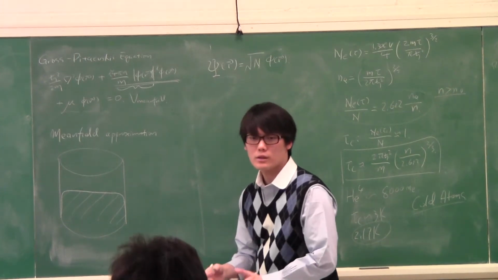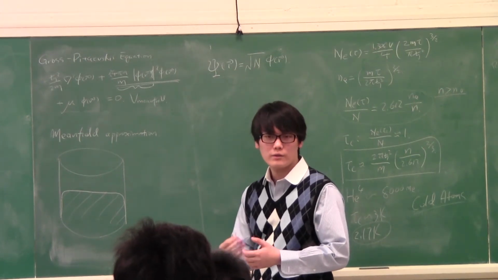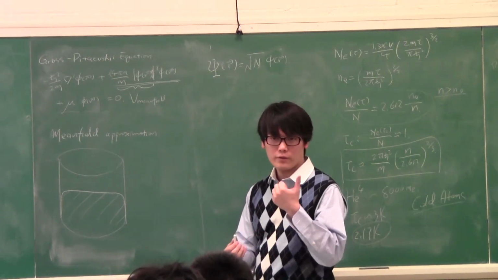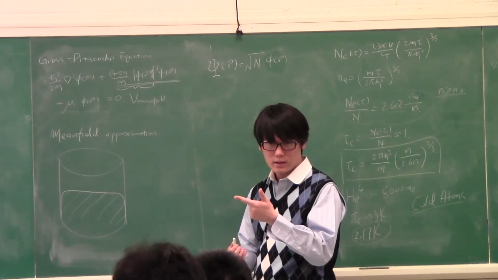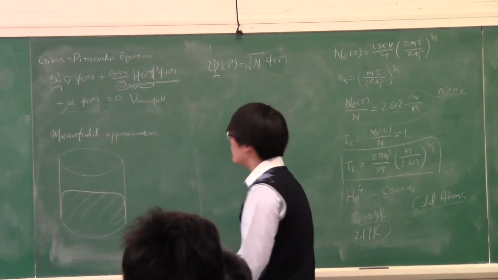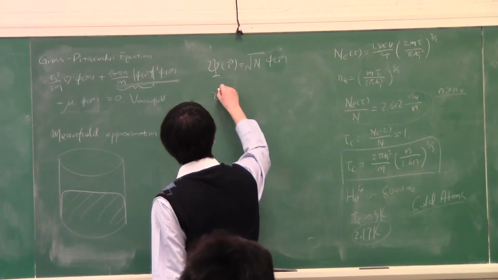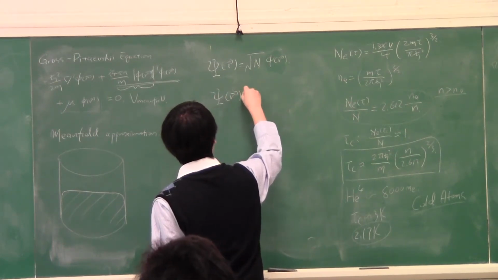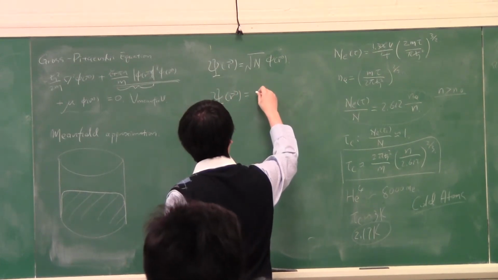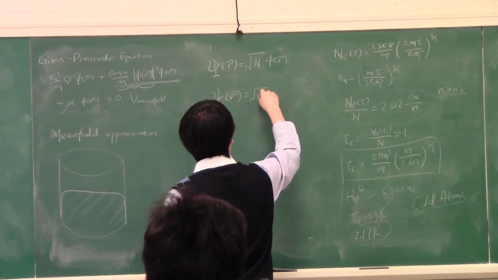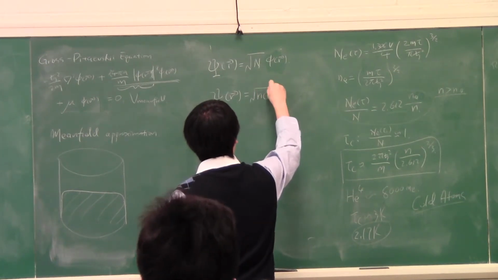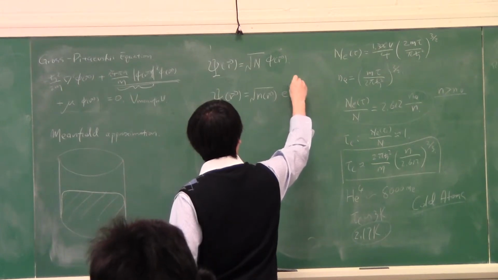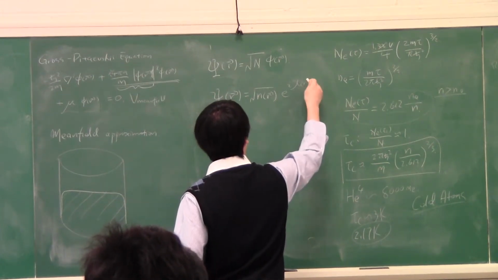We can always factor a complex wave function into a phase factor and a spatial part. So let me write this as psi bar equal to the square root of n of r times e to the i theta.